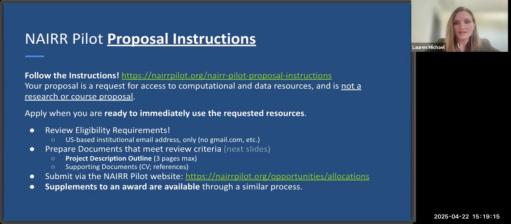Only when you think you are ready and would be able to use resources following the review process, then prepare your proposal. Review eligibility requirements, prepare documents that meet review criteria, which we will cover next, and finally, submit it via the NAIRR Pilot website. At a later date, you can request a supplement to the award to add new or more resources, or request more time.